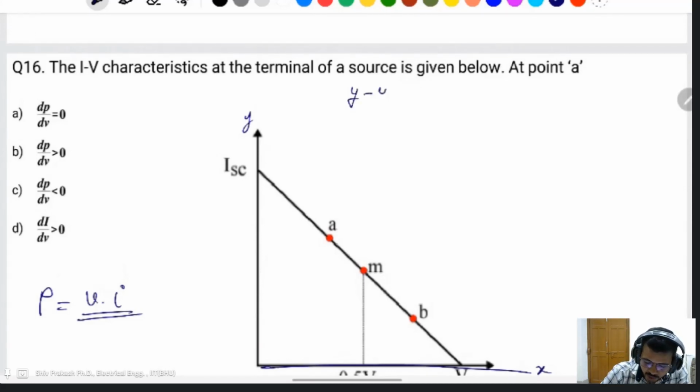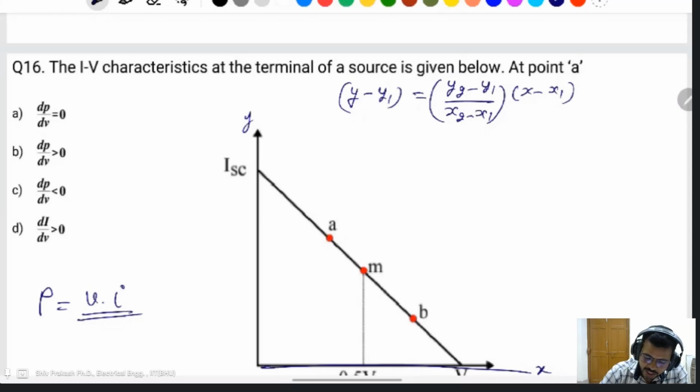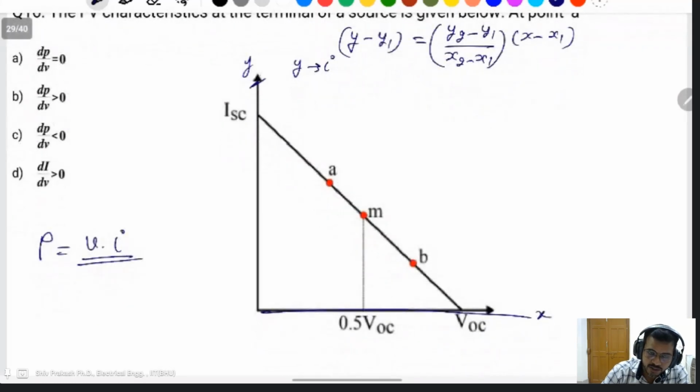y minus y1 is equal to (y2 minus y1) divided by (x2 minus x1) into (x minus x1). Here y denotes I because it is the y-axis, and x denotes V because it is the x-axis. What are the coordinates?